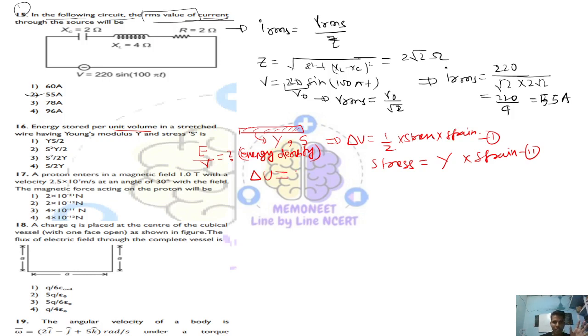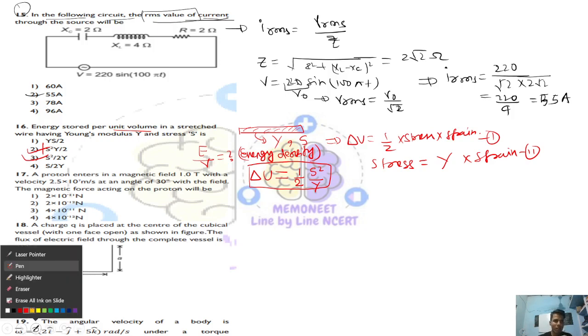It will become 1 by 2 times S square upon Young's modulus, means S square by 2Y. That will come out to be option second, I hope. Sorry, not option second, it's option third, S square by 2Y. It's your question number 17.